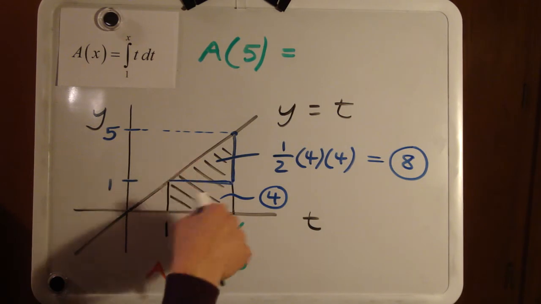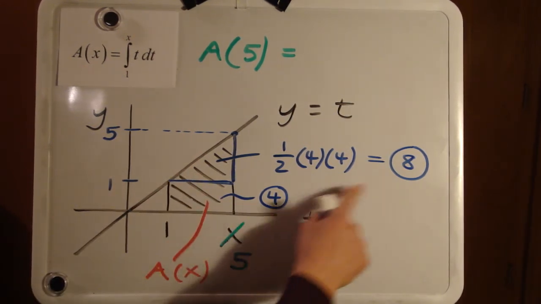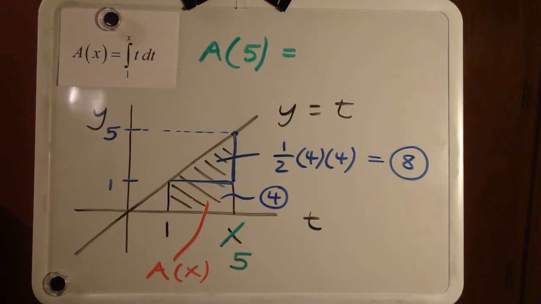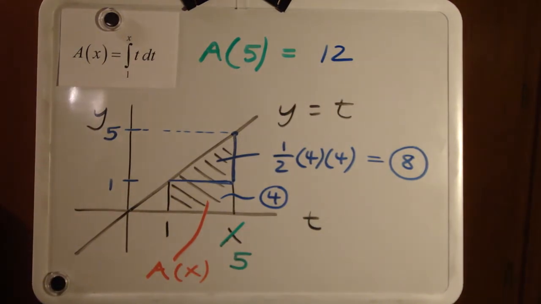If you want to calculate the area of this trapezoid from 1 to 5, you have to take 4 plus 8, so you get 12. And so that's the value of the area function at 5, right? If you use 5 as your x value. So this here is equal to 12. So like any other mathematical function, you could put different values in for x, and you would get different values from this picture and from the calculation.